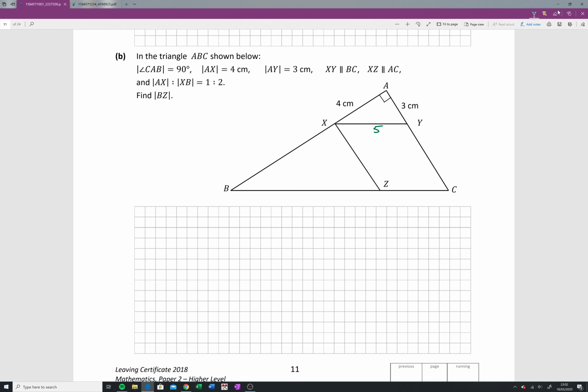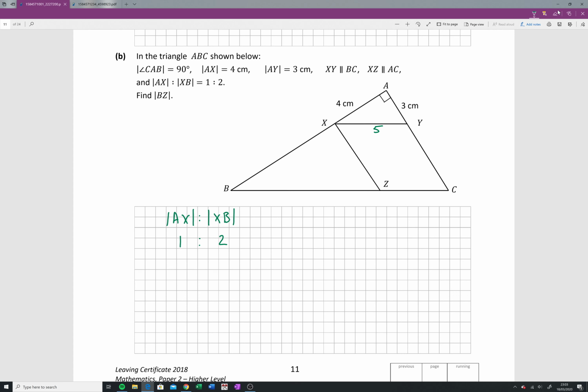Obviously, if it was your Junior Cert or Leaving Cert, you would just write out the theorem that applies to that. I'm not going to do it here because I know that you know how to do that already. What does it tell us? It tells us that AX is to XB in a ratio of 1:2.